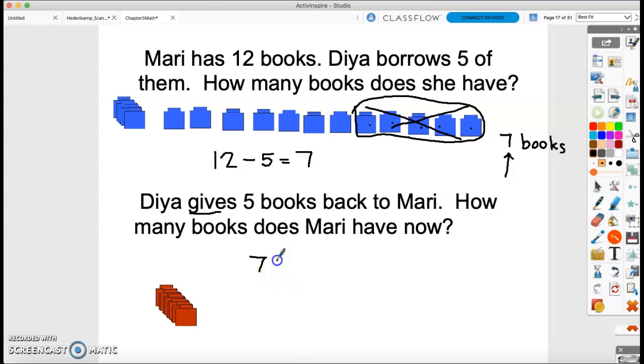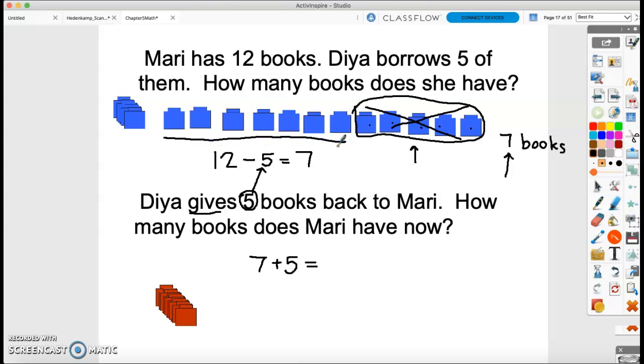So if she gives her 5 books, we're going to add 5 books. And that's going to be equal to, well, let's think. This is the 5 books right here that she took away. And that would be this right here. And our 7 is right here.